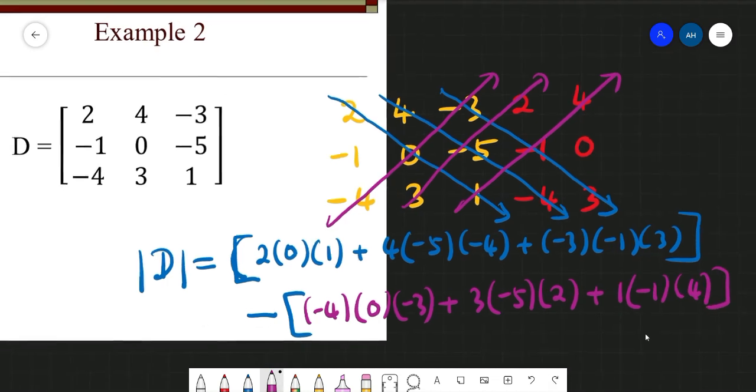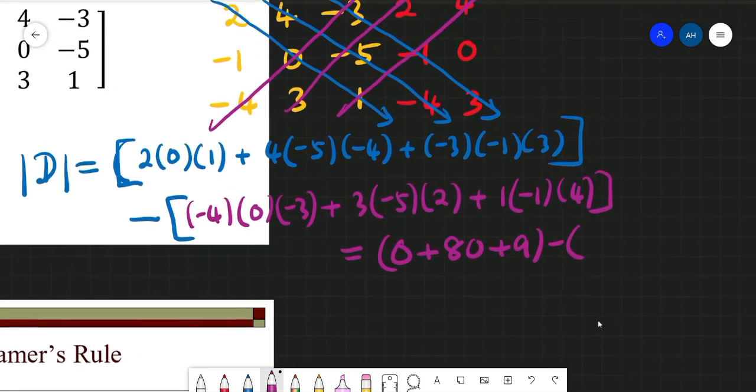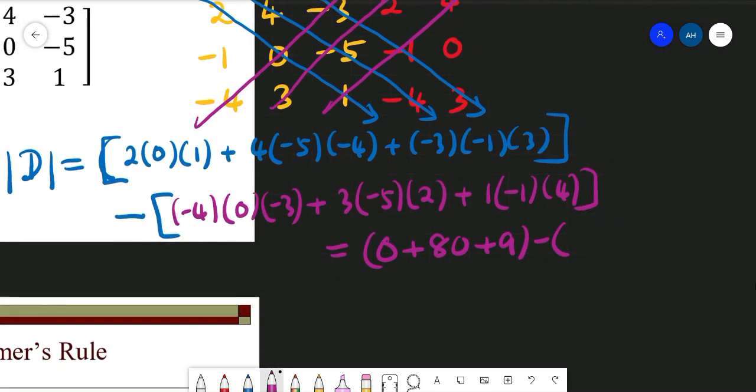Now let's simplify this and see what we get. In the first bracket we have 0. We have 20 times 4, we have 80. And here we have 3 times 3, 9. Minus. Now in the second bracket we have 0. We have negative 10 times 3, negative 30.